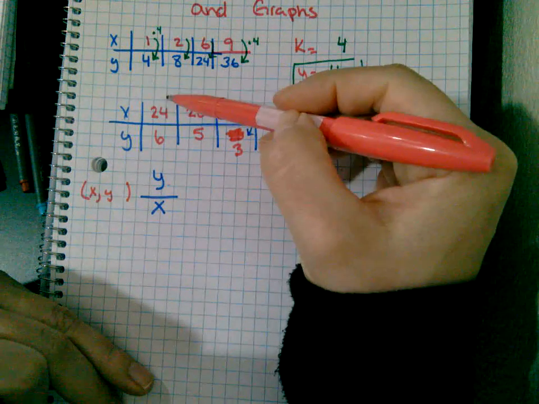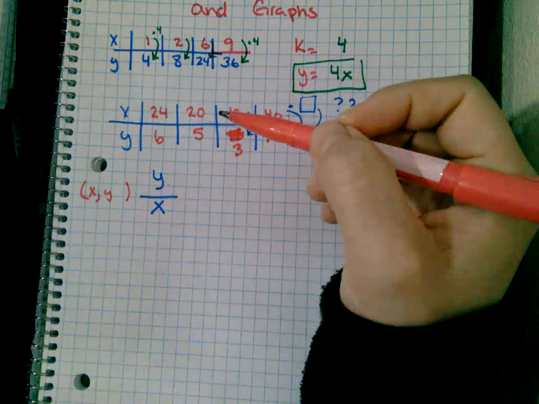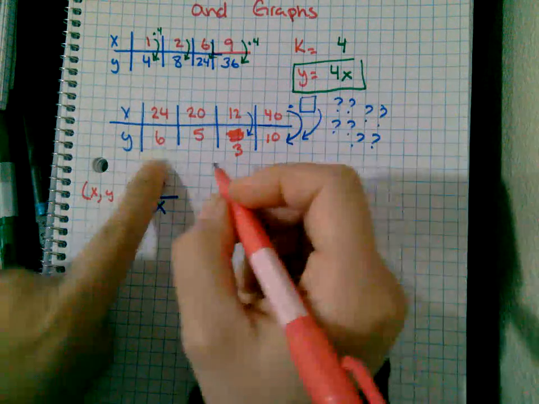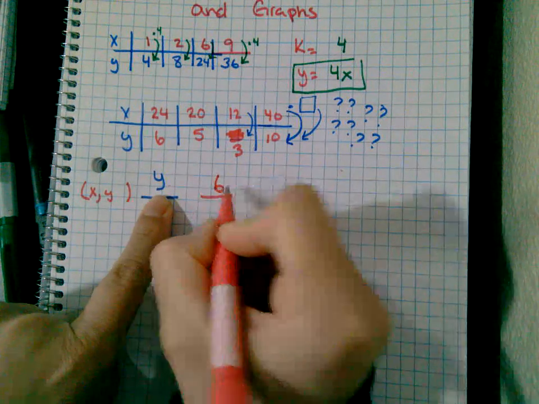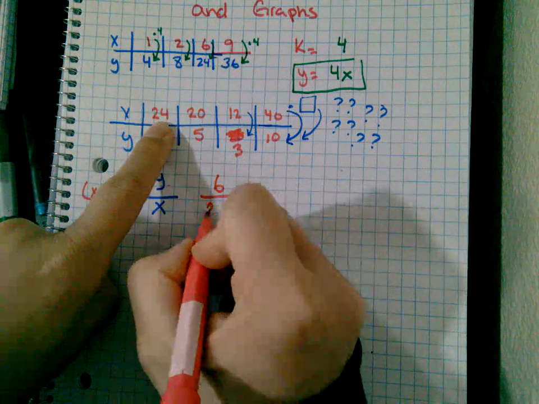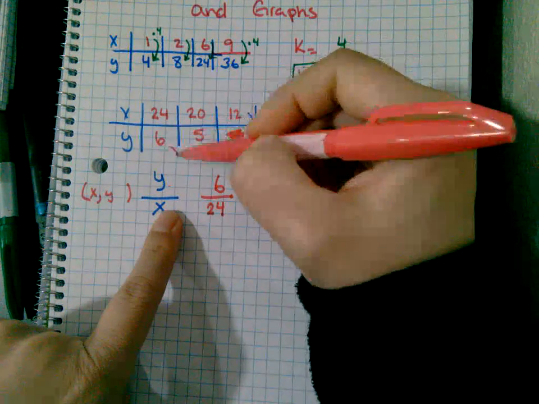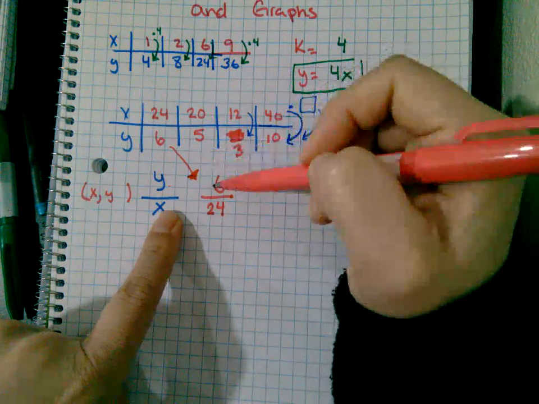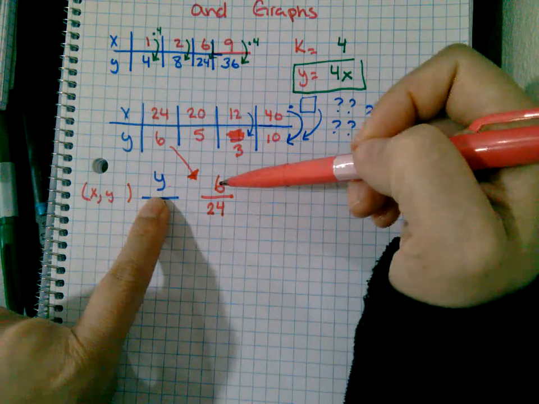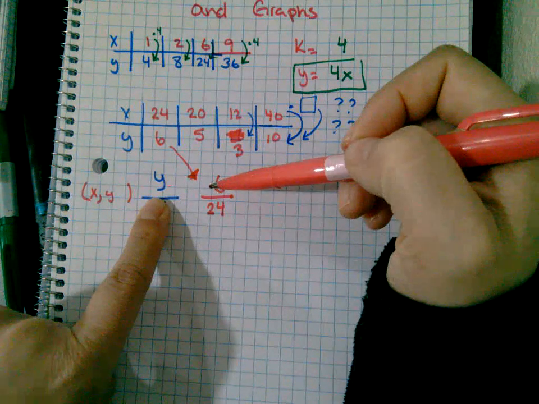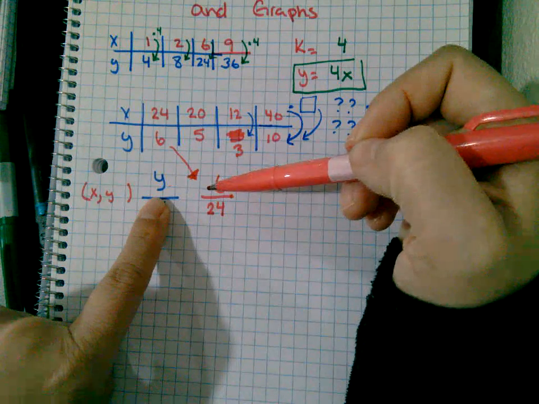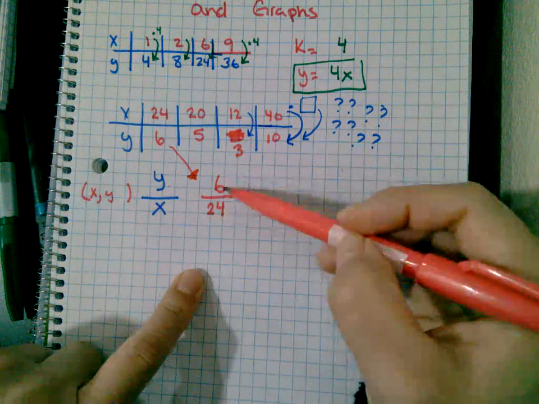Let's do this first one here. So the y is 6, so I'm going to put it on the top, and the bottom number is 24. Okay, so I wrote this like a fraction. But notice that the y number goes on top. It always goes on top. Y always, always, always goes on top. Now I have a fraction.